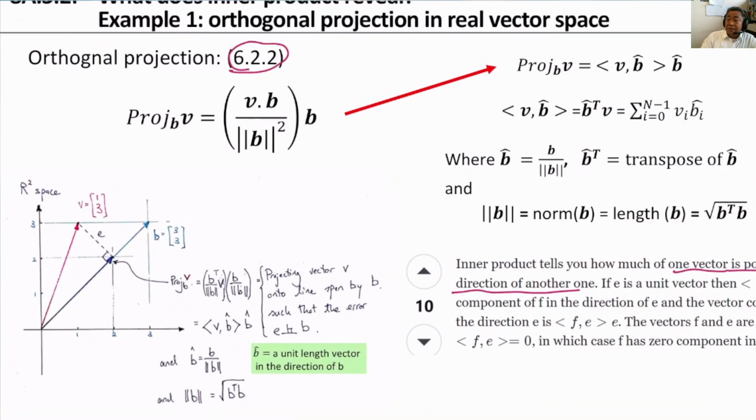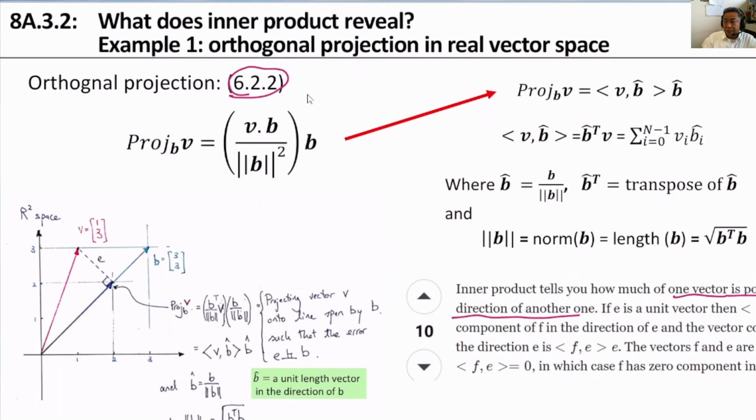Please review 6.2.2, and we are using the real inner product example here to discuss. We are going to project vector v onto a line called b.